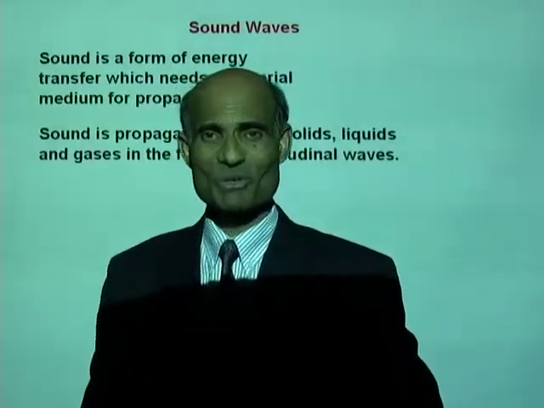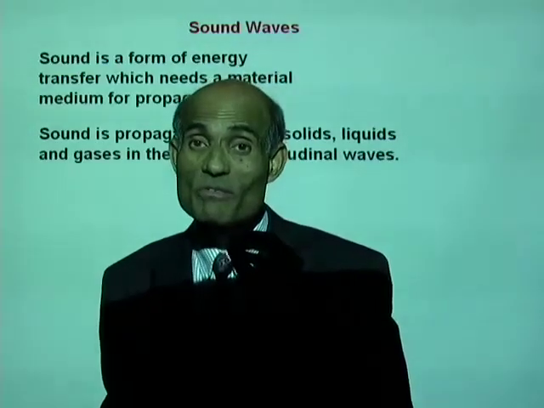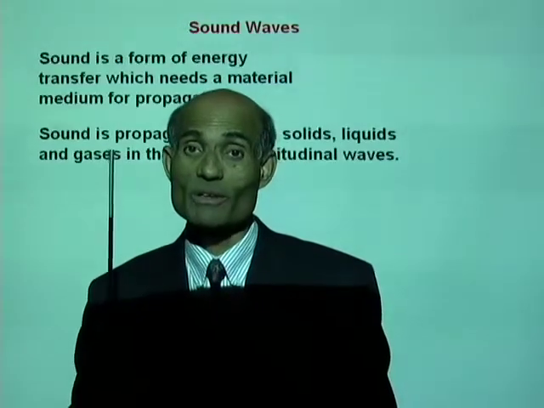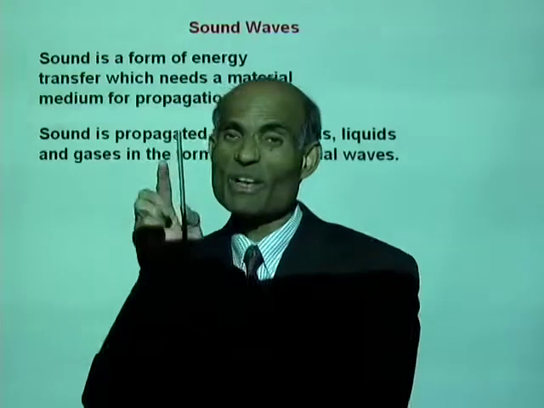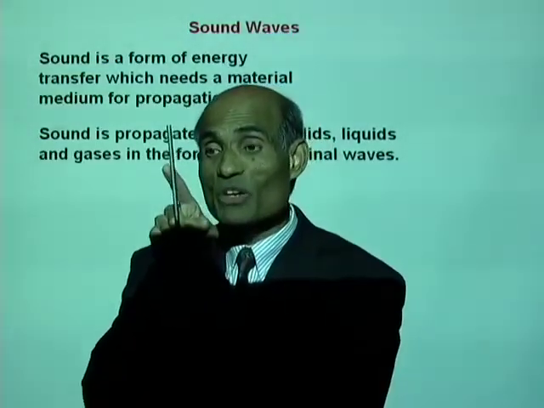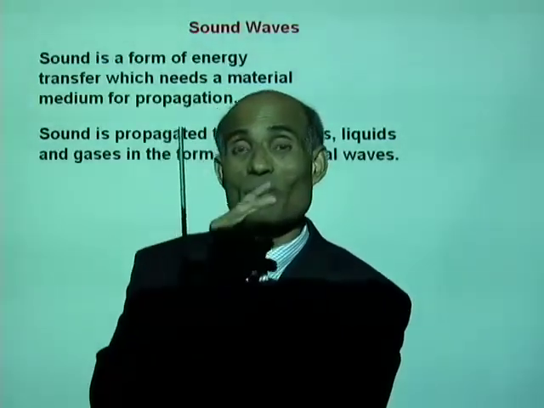What are longitudinal waves? In a longitudinal wave, the particles vibrate back and forth. The wave advances in the same direction. When I say the same direction, remember, it doesn't mean that if the particle vibrates backward, the wave will move backward.